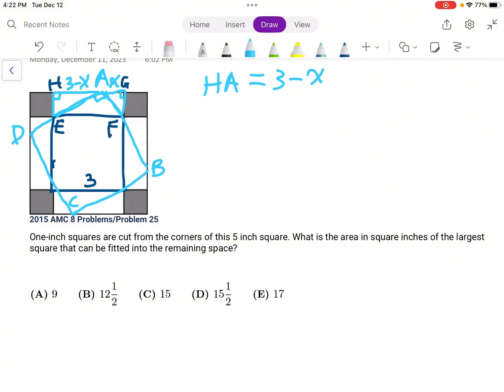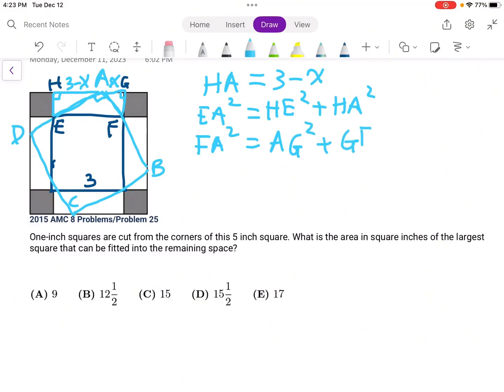Therefore, we have EA square equals HE square plus HA square, and FA square equals AG square plus GF square, and EF square equals EA square plus FA square.